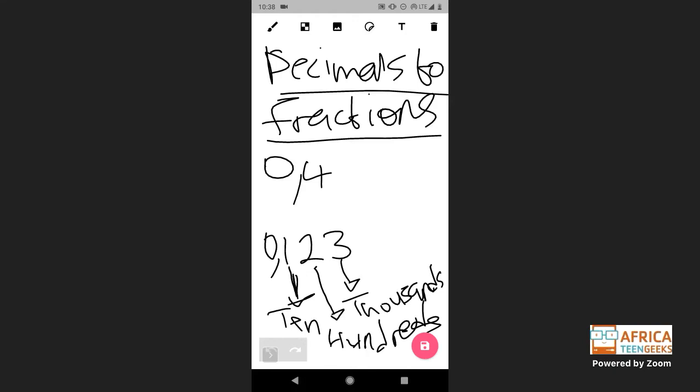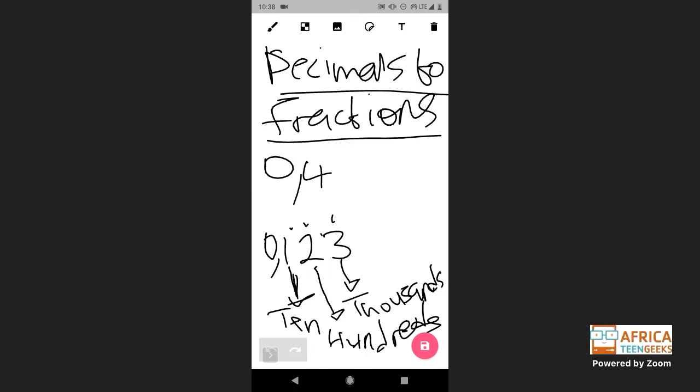You must know this by heart, guys. You don't have a choice. So the first number after the comma is our 10ths, the second number after the comma is our hundredths, the third number after the comma is our thousandths, and the fourth number after the comma is our 10,000ths. It goes on and on.